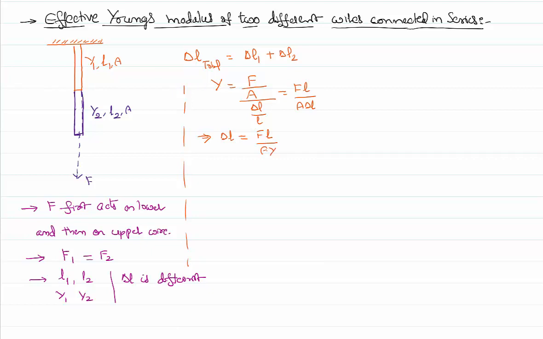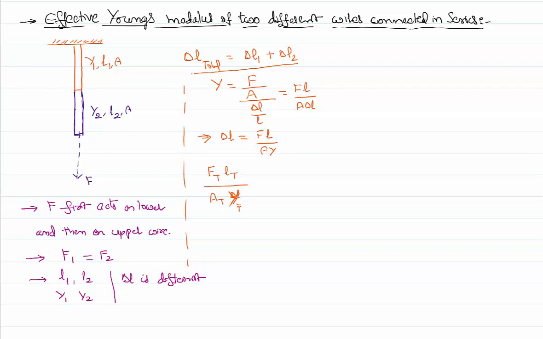Now, using this formula, delta L total is F total, L total by A total and Y total.